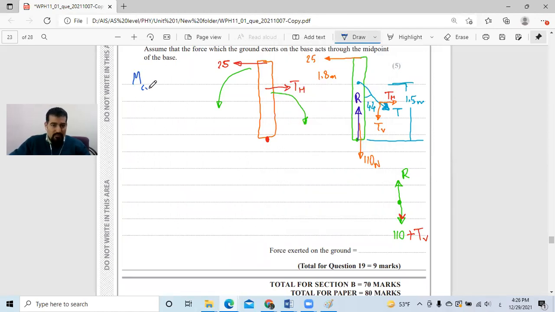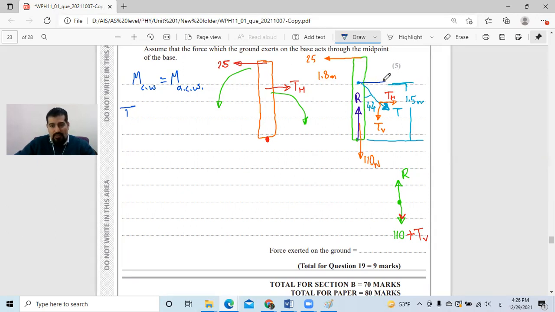Moment clockwise equals moment anti-clockwise. I draw the forces of moment horizontally, and I draw the forces vertically that I need to find, because I need R. So the moment clockwise is the T horizontally, which means T sine or cosine the angle here?